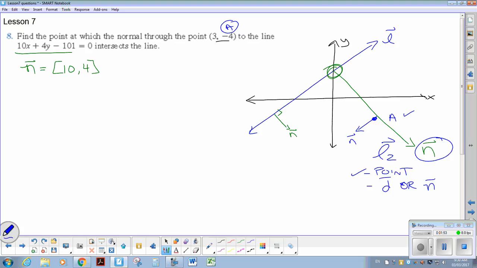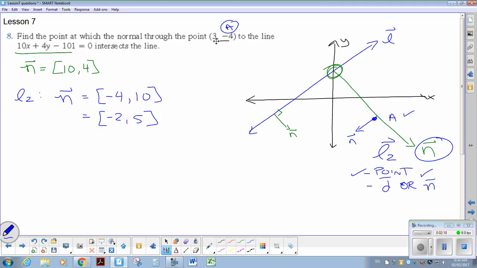And because it's 2-space, we can find that. So for line number 2, my normal will be (-4, 10). We can find the perpendicular vector, and that vector will be perpendicular to our new line. I'm going to reduce that down though. So I'm going to go with (-2, 5) to reduce my math.